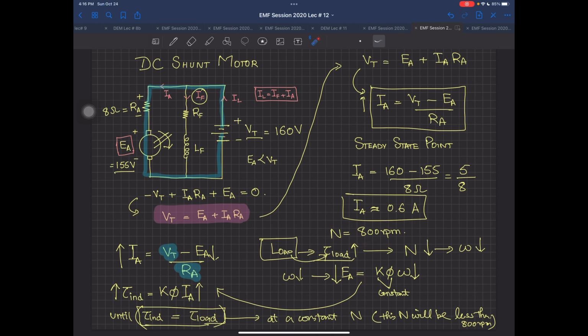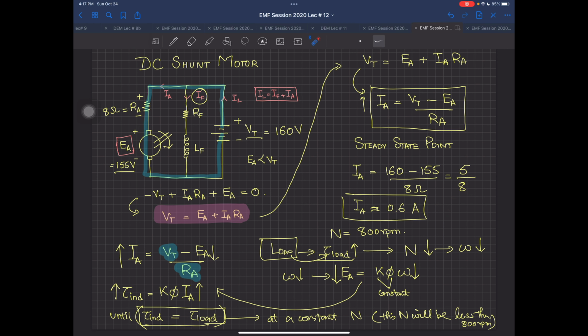I'm not talking about any specific value. It may decrease to 700, 750, whatever. But it will settle when the torque demand is met, that is, the induced torque will be equal to T load, and this will be at a higher value of IA. So your IA will increase, and the machine current will not be just 0.6. It may be 0.8, 0.9, or maybe even 1 plus amperes.